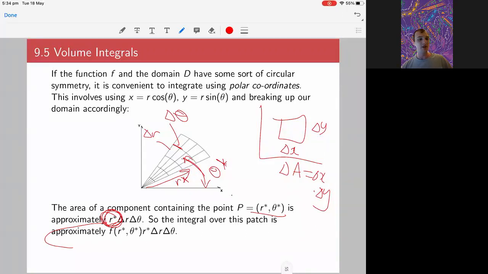But even though some of you may think that this is obvious, it is actually a really important point, because students quite often forget about this. So I'll invite you to give me your thoughts about why we need this factor r star here, and why is it not just delta r times delta theta? Why do we need this r star in front here?